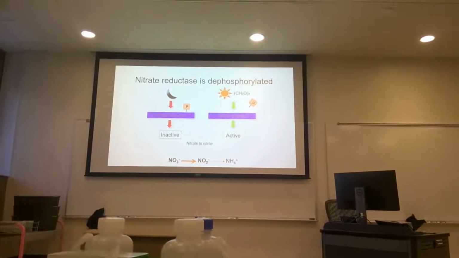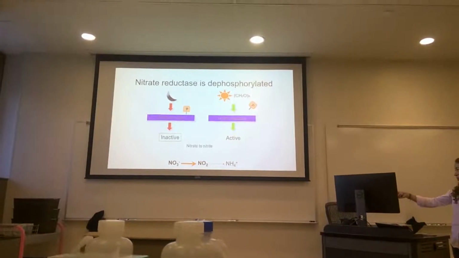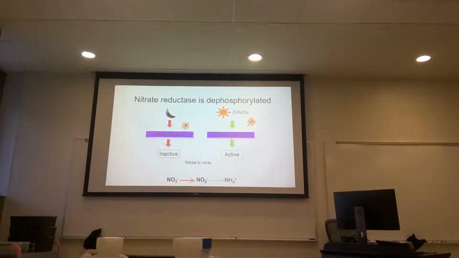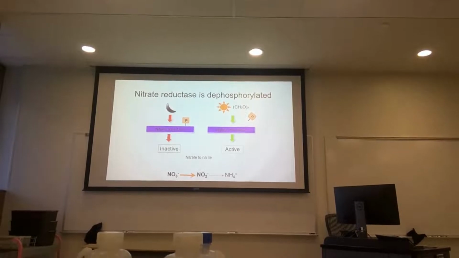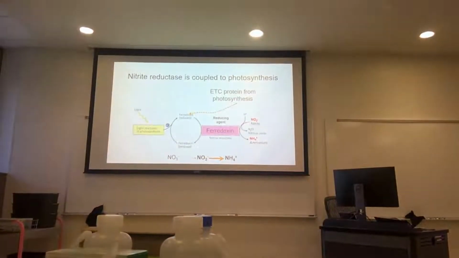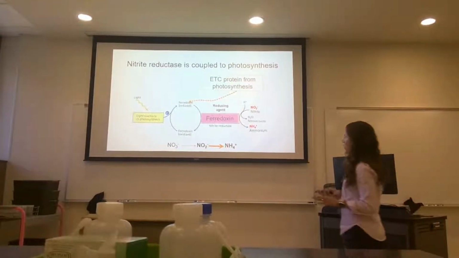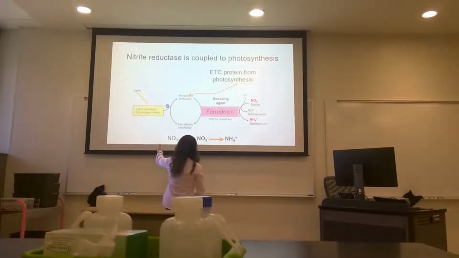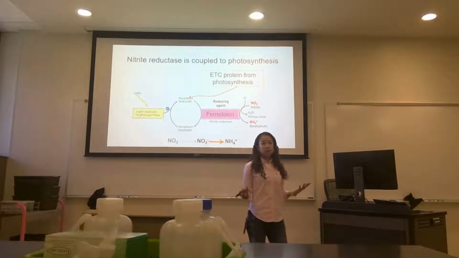But we're only halfway. We said nitrite is toxic, so it has to be quickly converted into ammonia. So there's a second part that is important. And we will revisit this very complex graph when we talk about photosynthesis. But what I want you to remember is, the light reactions of photosynthesis are like an electron transport chain.